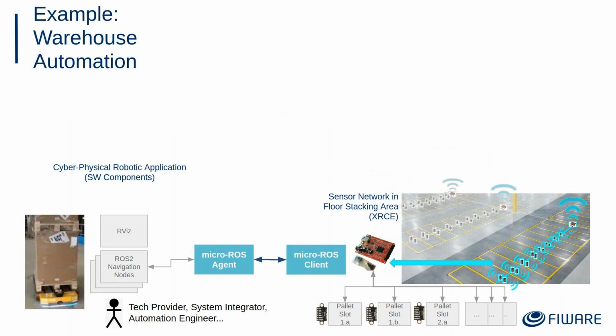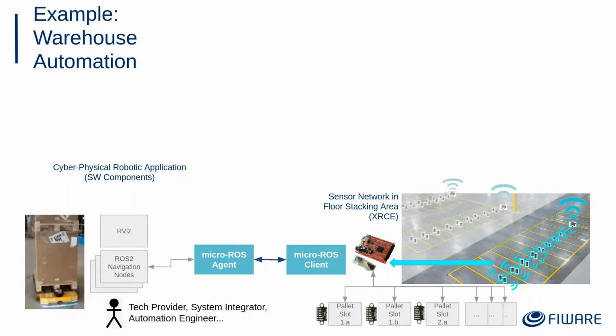We have an AMR, an autonomous mobile robot that is empowered by ROS2, and we decide to sensorize our floor stacking area with some proximity sensors or smart sensing devices that can be significantly reduced in cost, or its autonomy can be significantly increased by running the micro-ROS architecture in a microcontroller and not using larger processor units.